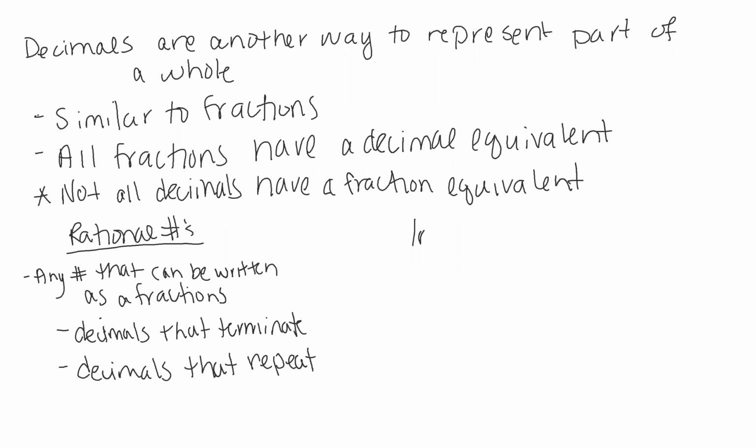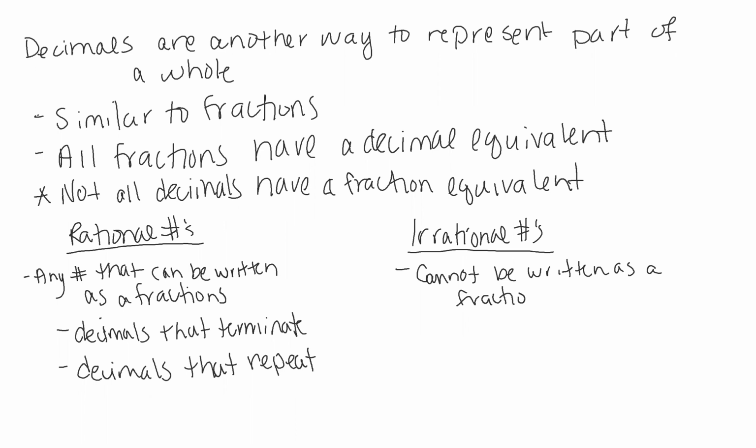On the flip side of that, we have what are called irrational numbers. And these are numbers that can never be written as a fraction. And these are decimals that never terminate, or decimals that don't repeat.